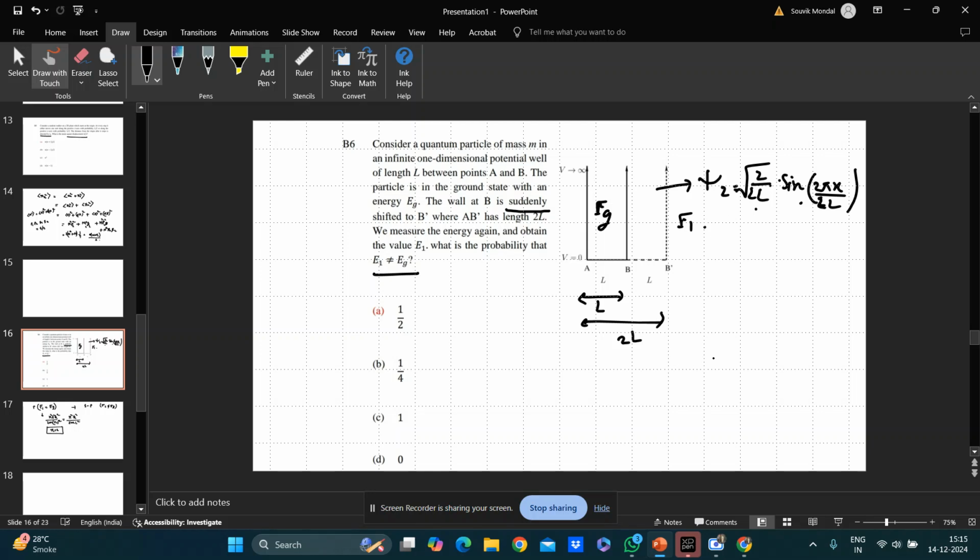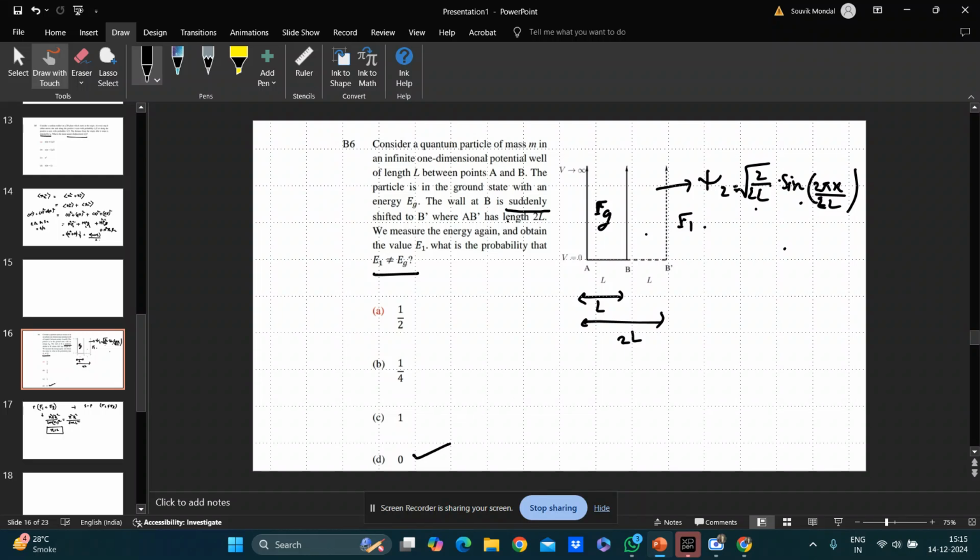Now one of my friends said that the wave function doesn't change when you change suddenly. That is not true, because when you change suddenly, the wave function can go to any higher excited state. Okay, all transitions are possible. If you do it adiabatically, very slowly, then the ground state will remain in the ground state, and the transition probability will be zero.